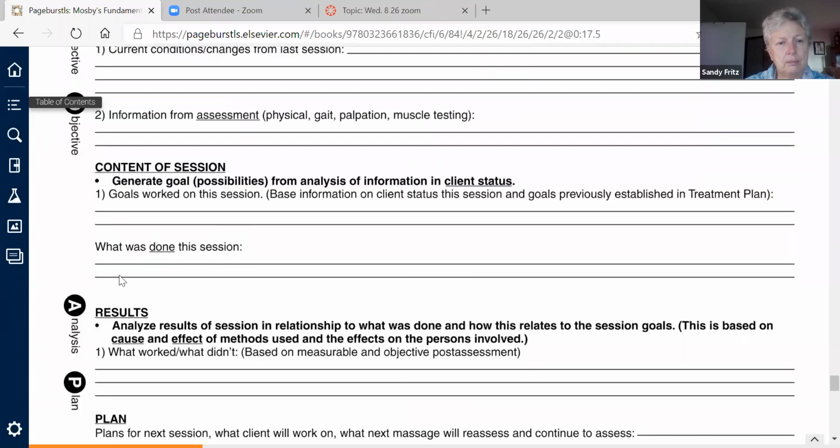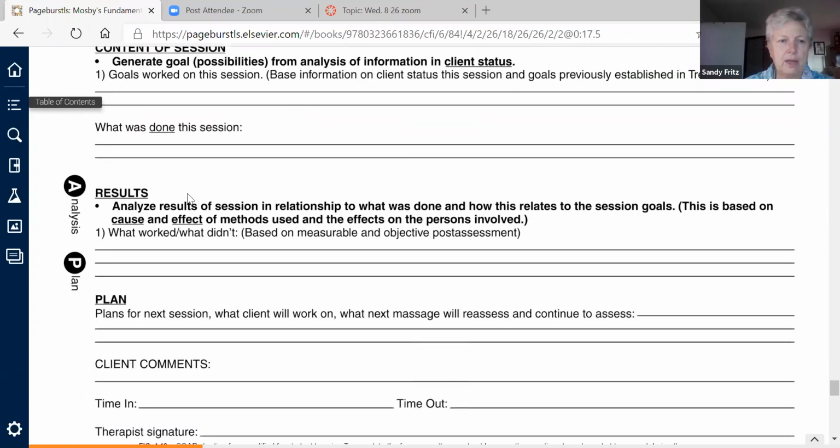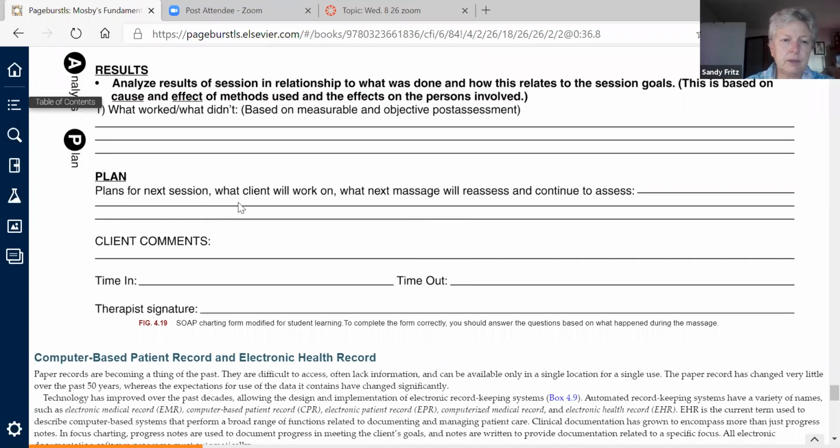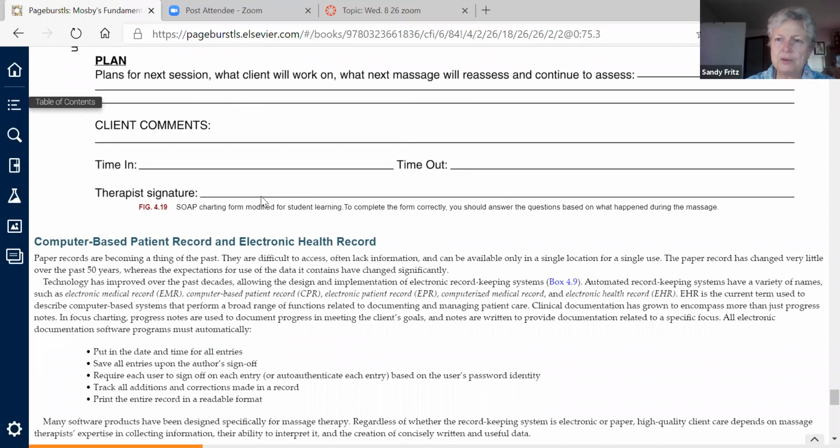So the analysis we've got clarified, because sometimes that's called assessment, and that can be a little confusing about what that actually means. And so we've got some guidance there to help you out with that. Certainly not the only form you can use, but it's a good one to learn on.